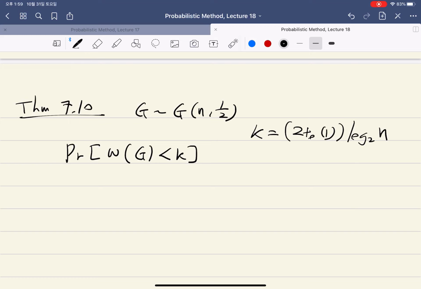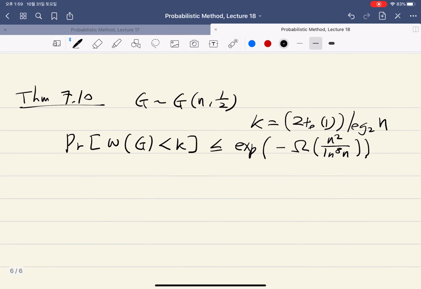Then the probability that it is smaller than that is, we showed, some constant times n squared over ln to the 8n. So it's concentrated. So with high probability it's at least k. So that's what we have shown in 7.10. But we can actually improve this using the Taylor-Lagrange inequality.